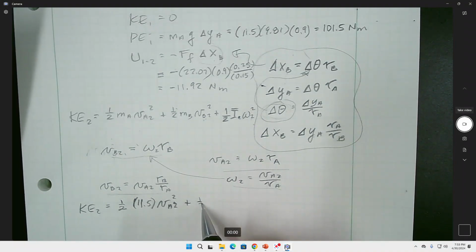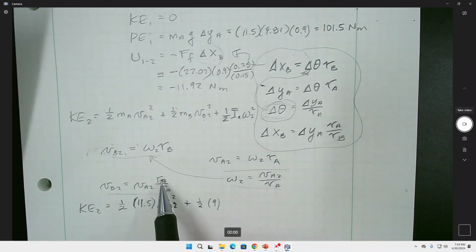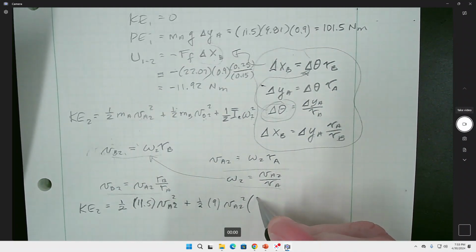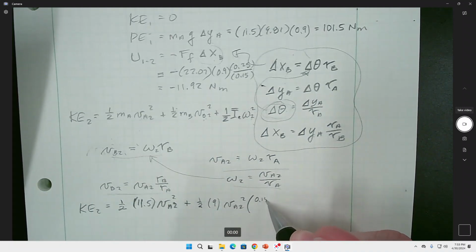Plus 1/2 9 times, and be careful with all the things that are going to get squared right here. We're going to get VA2 squared, but we're also going to get 0.15 over 0.25. That also gets squared.